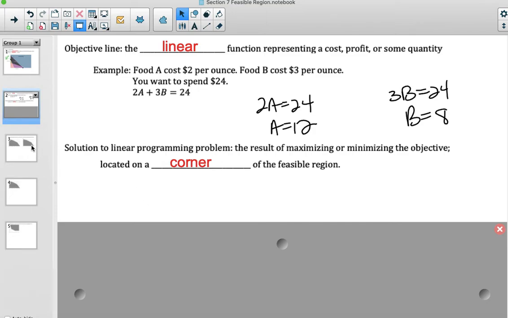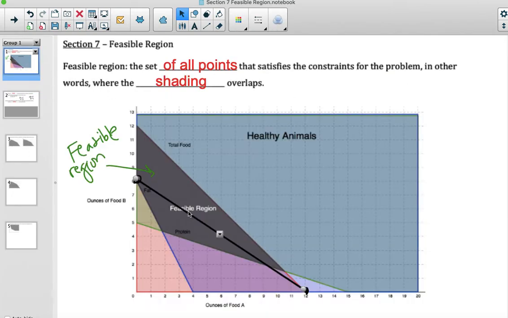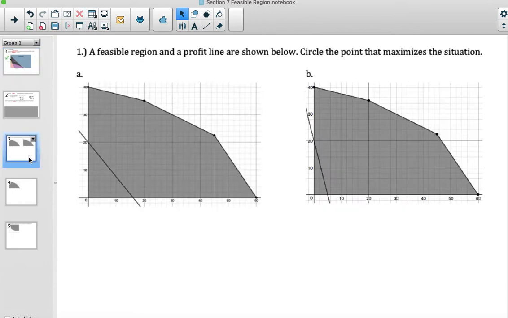I have a few examples for us to check maximizing and minimizing. Once you know what that profit line is, you can add it to your graph and look for it. Example number 1 says a feasible region and a profit line are shown below.